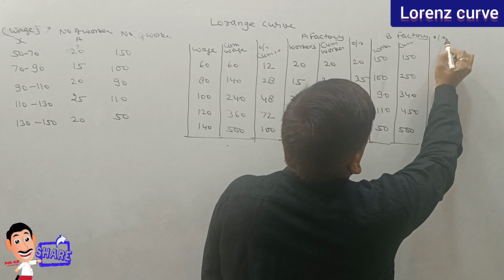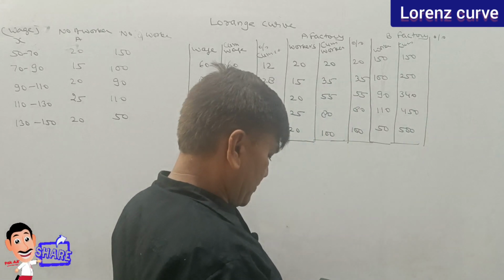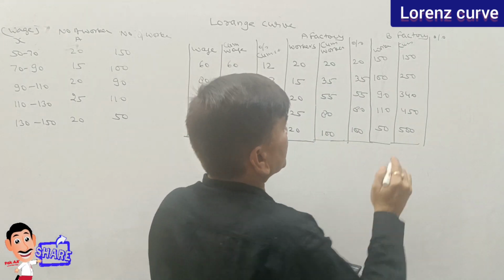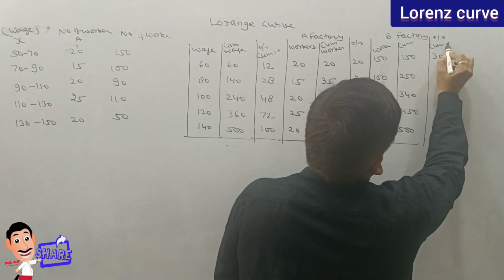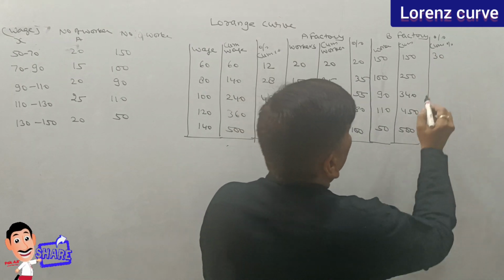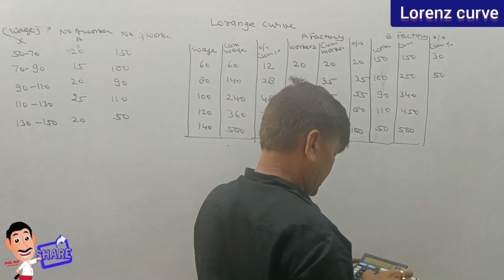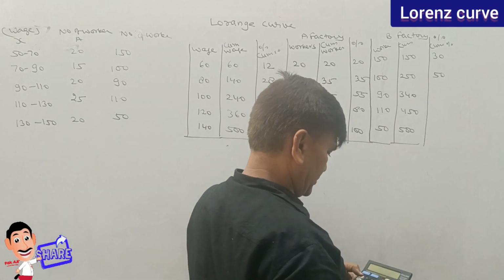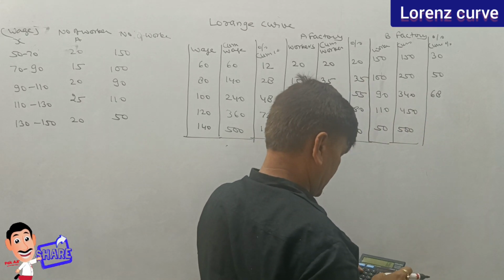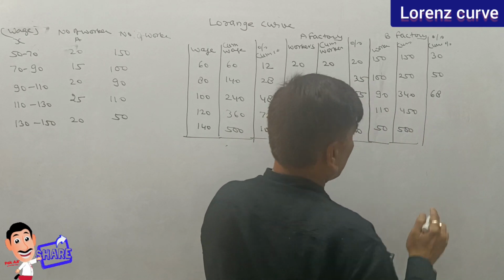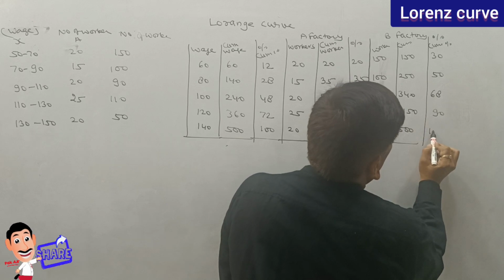Percentage: 150 divided by 5, that is 30 percent. Cumulative percentage: 30, 50, 68, 90 and 100.